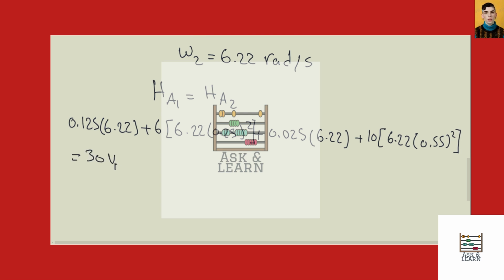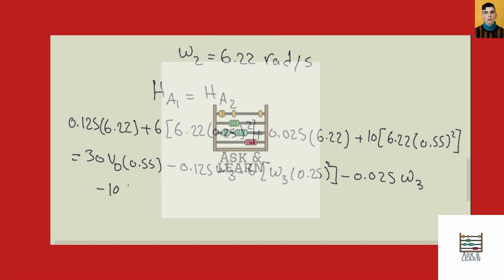30 VD times 0.55 minus 0.125 omega 3 minus 6 omega 3 multiply 0.25 square minus 0.025 omega 3 minus 10 times omega 3 multiply 0.55 square.